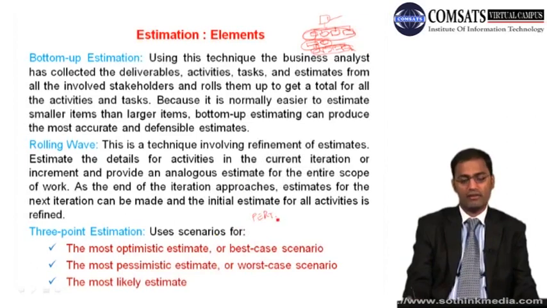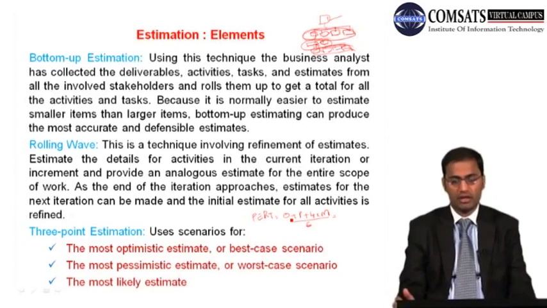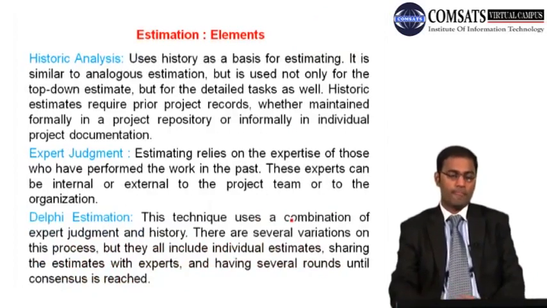There we have the weighted average concept: the most optimistic estimate plus the pessimistic estimate plus 4 times the most likely, and we divide it by 6. In this fashion we can have the estimate of cost and time and so on. So this is the weighted average.